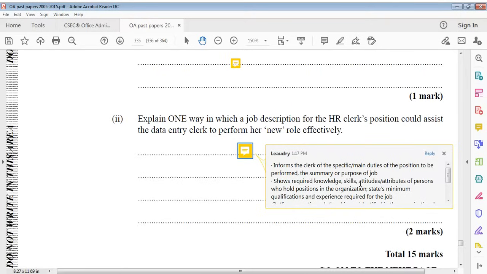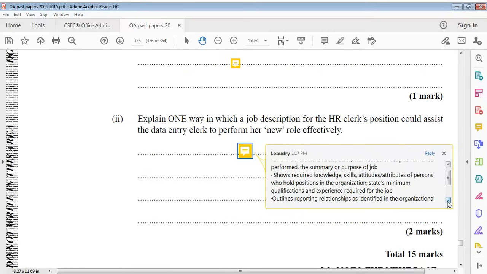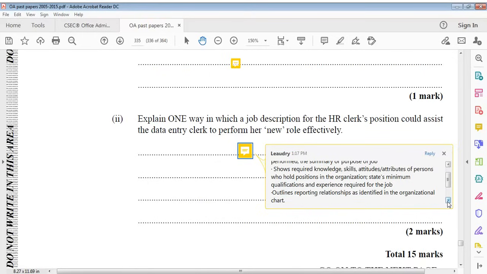Number 2, shows required knowledge, skills, attitudes, attributes of persons who hold positions in the organization, states minimum qualifications and experience required for the job. Another answer, outlines reporting relationships as identified in the organizational chart.